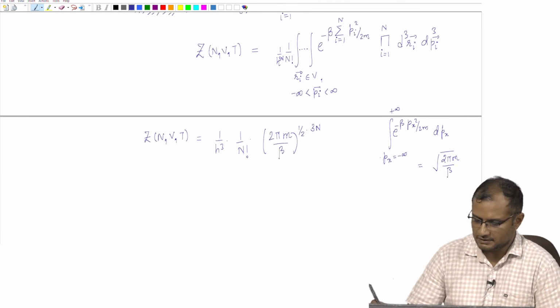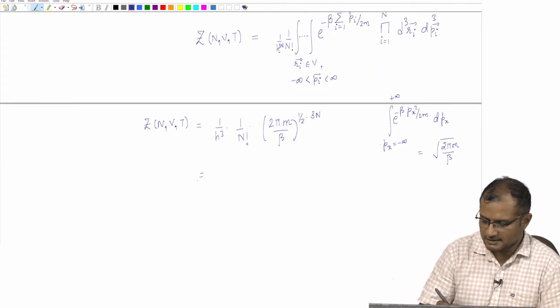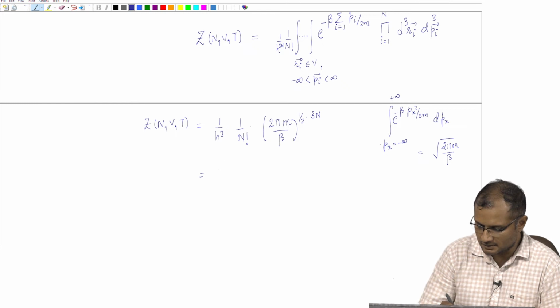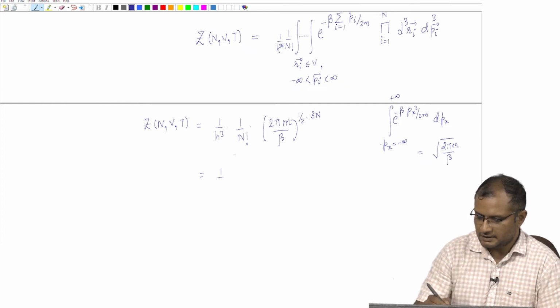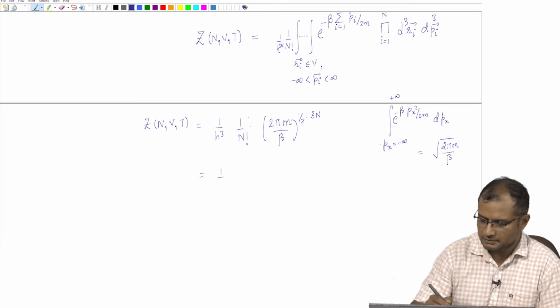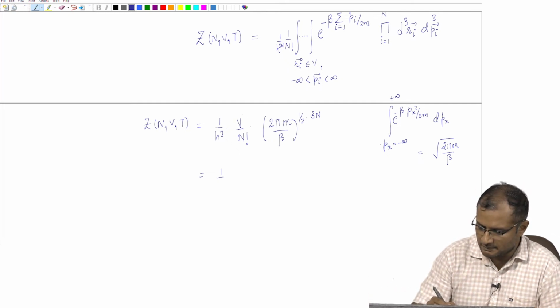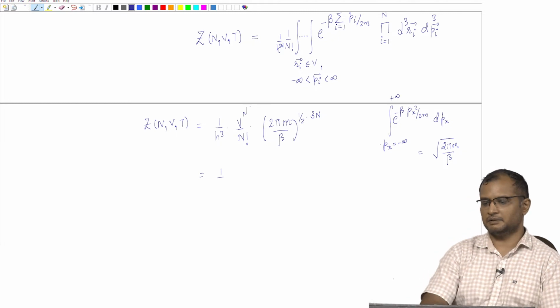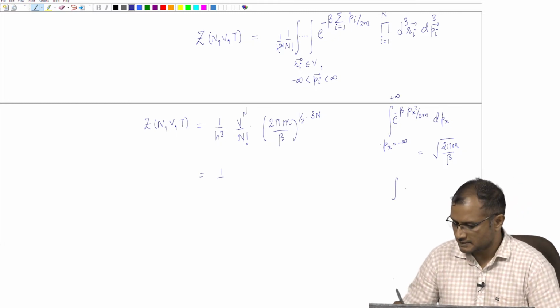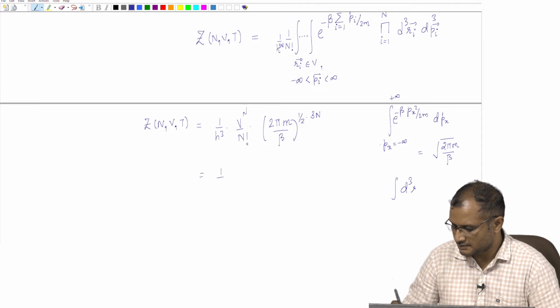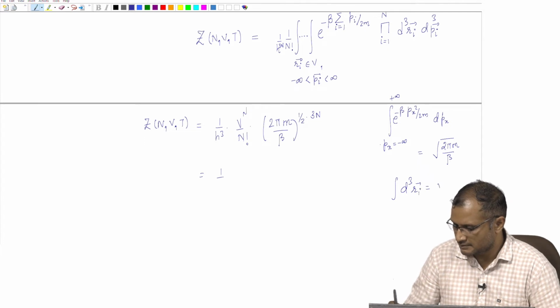So, then what you have is a simple integral here, which I can rewrite as 1 upon n factorial. We are also missing a factor of V to the power n, because that is the integral over positions.